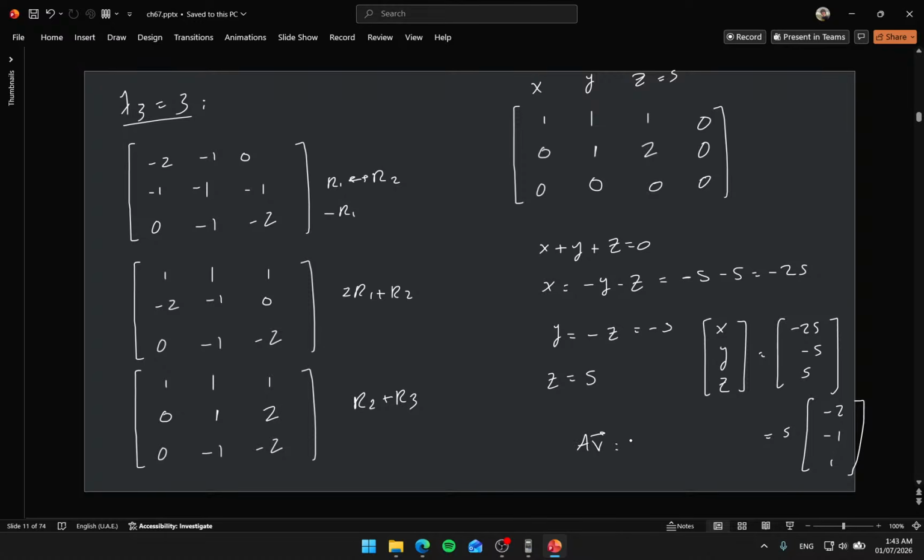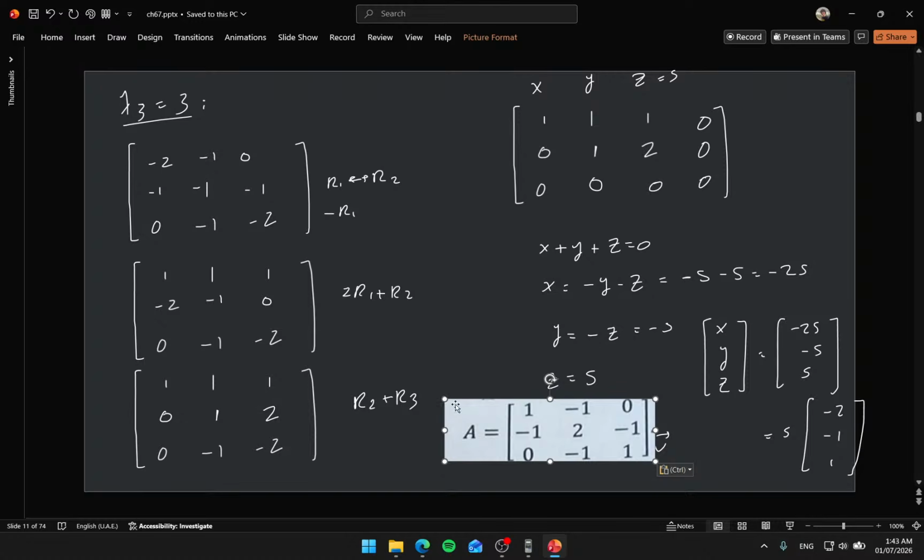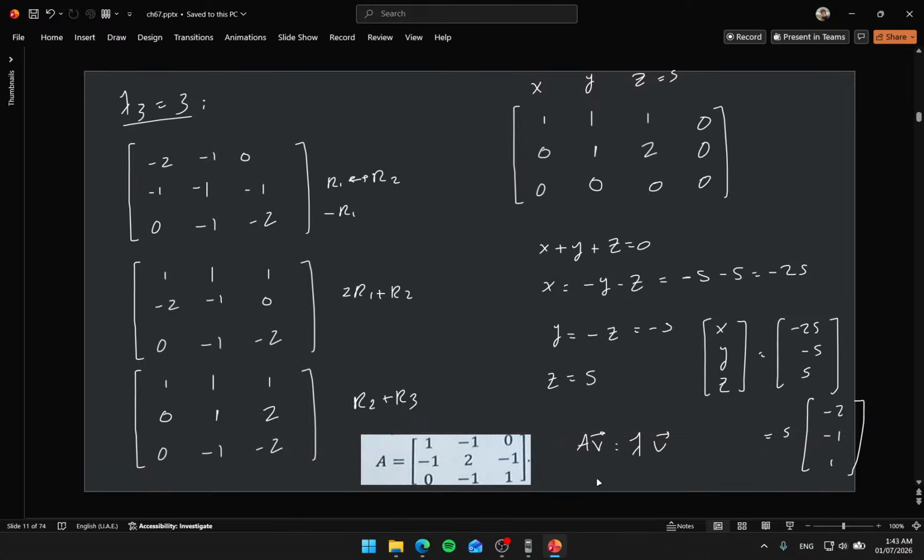Now we check A v equals lambda v. If you do 1 times negative 2 plus negative 1 times negative 1 is negative 1. Negative 1 times negative 2 plus 2 times negative 1 plus negative 1 times 1 is negative 1. Negative 1 times negative 1 plus 1 times 1 is 2. Now if you multiply 3 by the eigenvector here, 3 times negative 2 is negative 6.